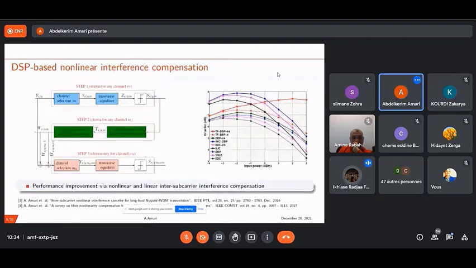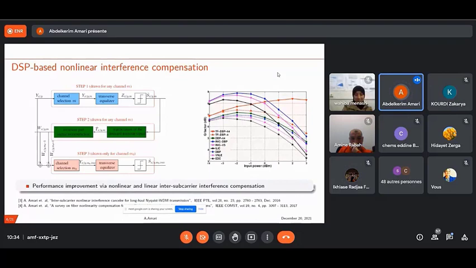Then for the nonlinear interference, backpropagation can also be applied to more than one channel, in the case of WDM channels, so that it takes into account the nonlinear interference and compensates for it. But in practice, it's not possible because you cannot have the information of the adjacent WDM channels.